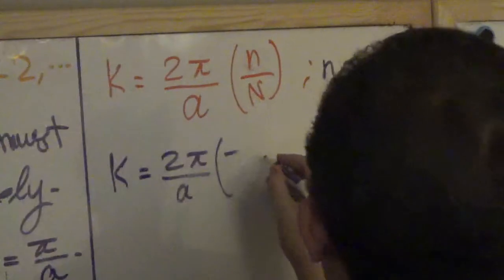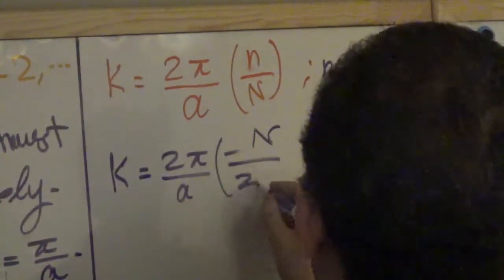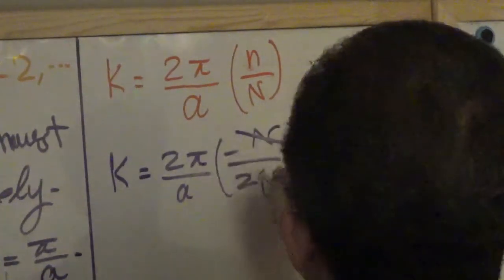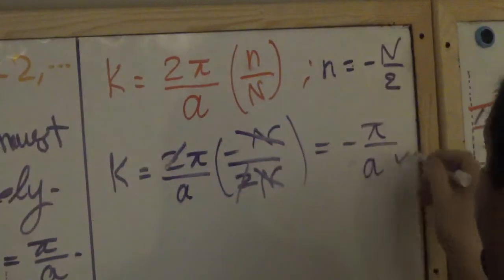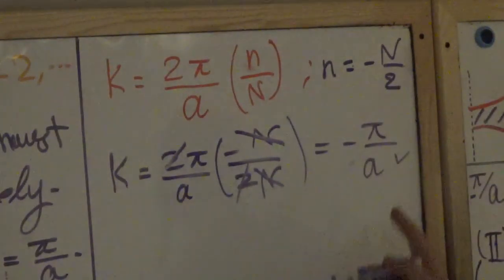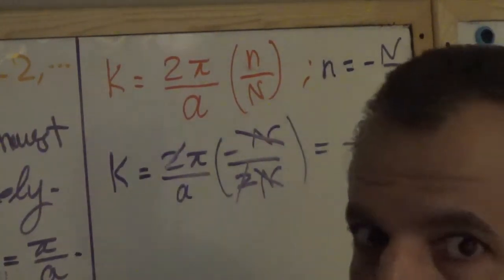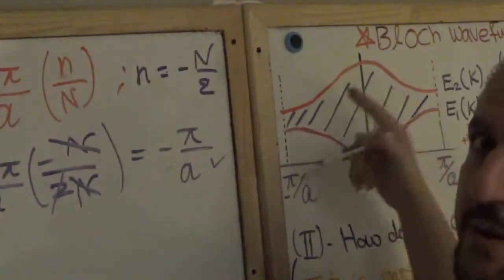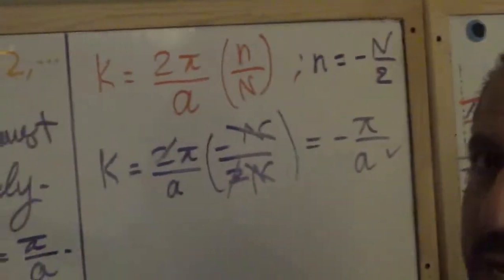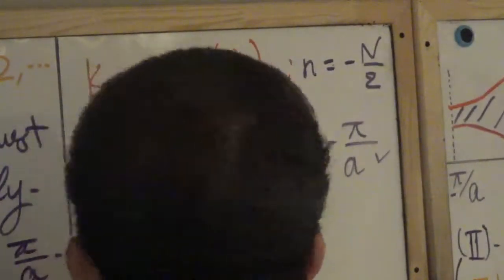So k in this case is equal to 2 pi over a times minus N over 2N. N will be cancelled with N and 2 will be cancelled with 2, so that will give me minus pi over a, and this is the first k value that we mentioned. After that, I will go back to this figure again and talk about the energy levels. It is very important.